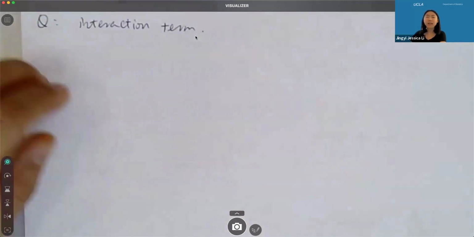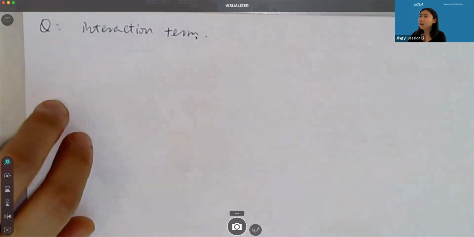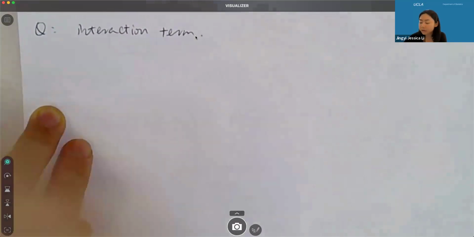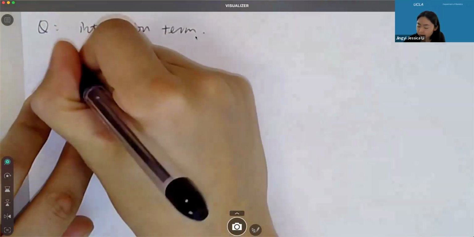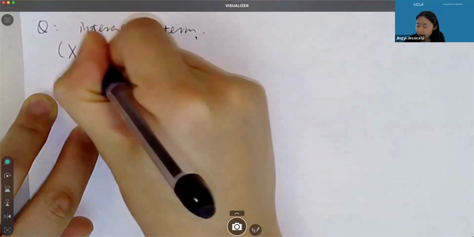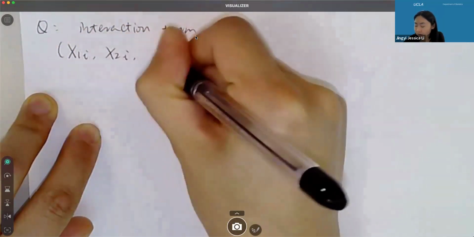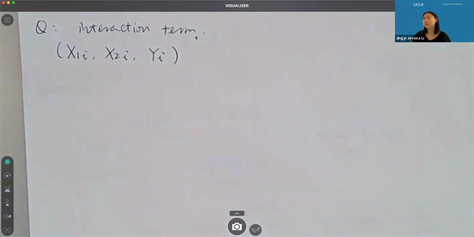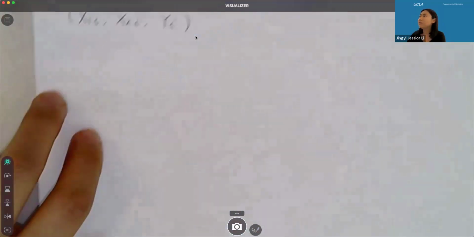So let's look at this scenario. We have two covariates, X1 and X2. So therefore, our data points would be like X1i, X2i, Yi. That's what the data points look like. So in this case, we could have two models.